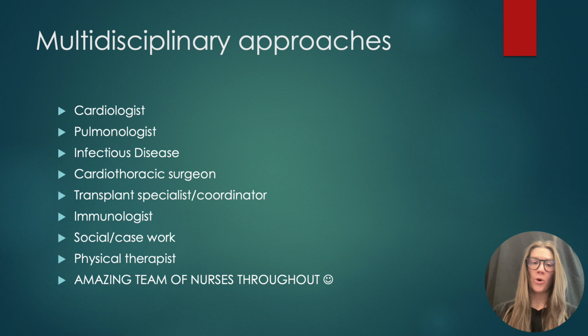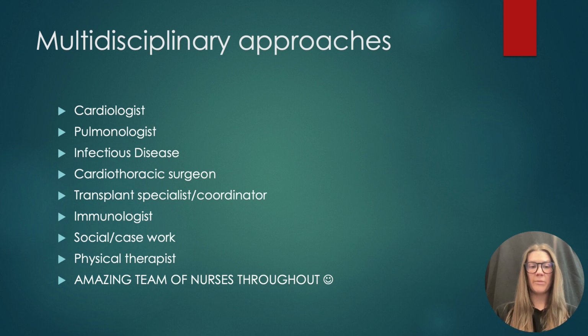Those are just some of the modalities that we use. So this patient is going to come across almost every team in the hospital, because we're going to use all these interdisciplinary teams to help come up with the best care plan possible for the patient. These teams include cardiology, pulmonology, infectious disease, obviously our cardiothoracic surgeons, transplant specialists and coordinators, immunologists.